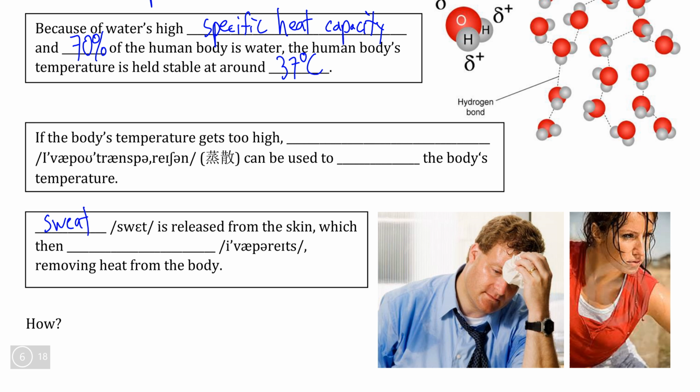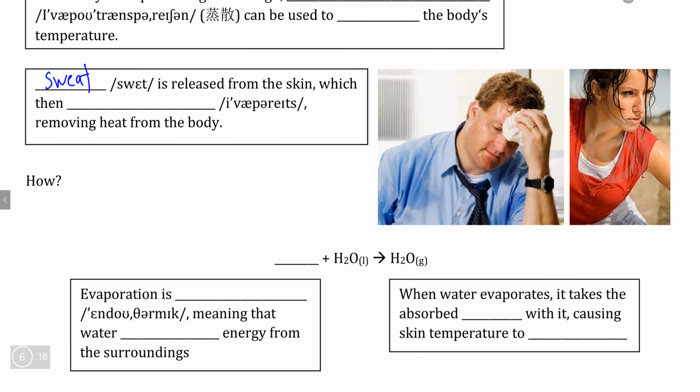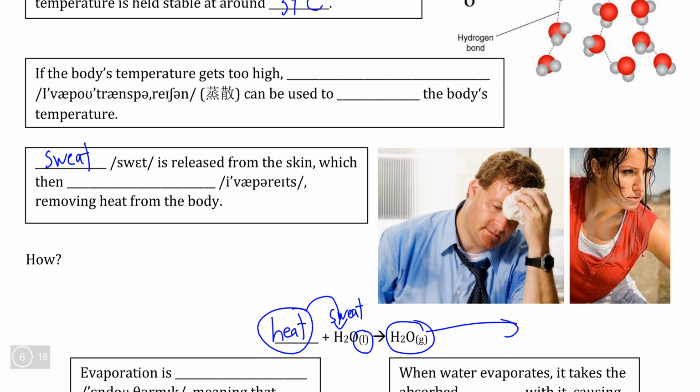So how sweat works is that, if we take a look at this equation here, in order for liquid water, which sweat definitely is, to be converted into gaseous water, the water is actually going to absorb heat from the environment, and then when the water turns into water vapor, when it evaporates, it takes this heat that our body absorbs and takes it away from the body, therefore having a cooling effect.